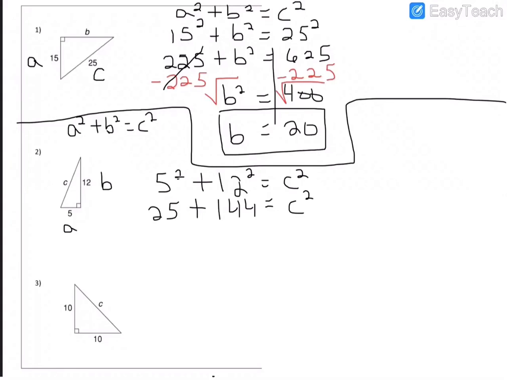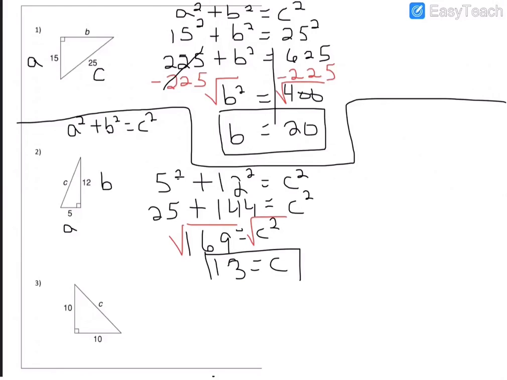We get 169 equals C squared. I'm going to take the square root of both sides and get 13 equals C. Remember, you also have your square root and cube root charts in your notebook as well. Okay, don't forget about those.